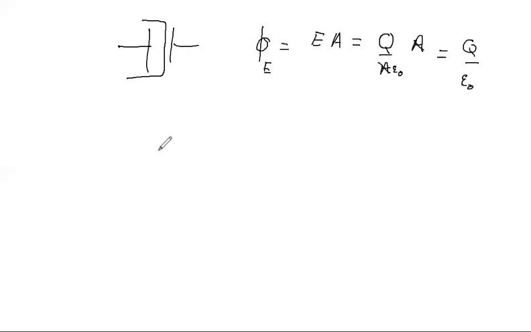So basically what Maxwell did is he modified the right-hand side, and he said that Ampere's law should be generalized to say B dot ds around the closed loop equals mu naught I plus a new term with some coefficient C times d by dt of the electric flux.